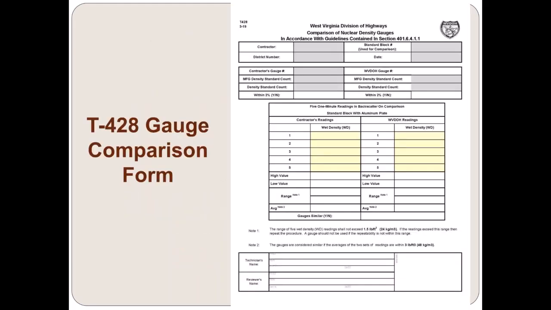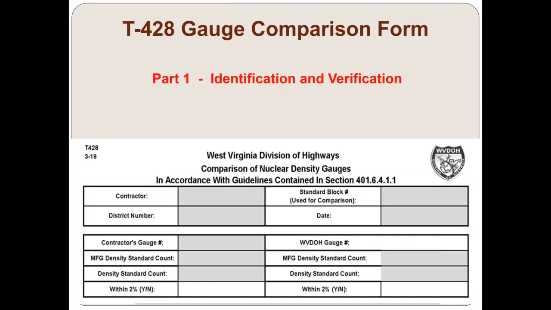Here's what the form looks like, and it's a pretty straightforward procedure. Identification, verification of the gauges, contractor's gauge, the DOH's gauge. Each gauge does their standard block and makes sure that they're within the 2% range for standardizing.